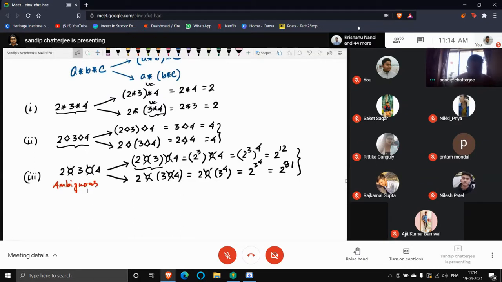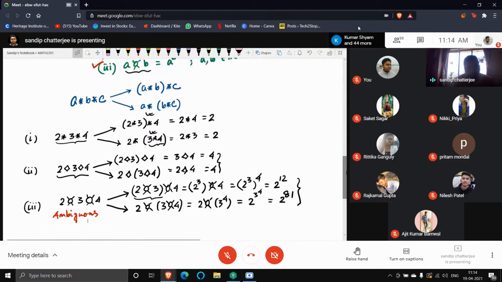Anyway, so the point is, there are certain binary operations where this kind of operating three elements is a well-defined kind of symbolism. There is no ambiguity. You can operate them in any way you like, without changing their order, of course. This kind of symbol can be interpreted as A operated with B operated with C. First you can operate these two, and the answer can be operated with the first one.